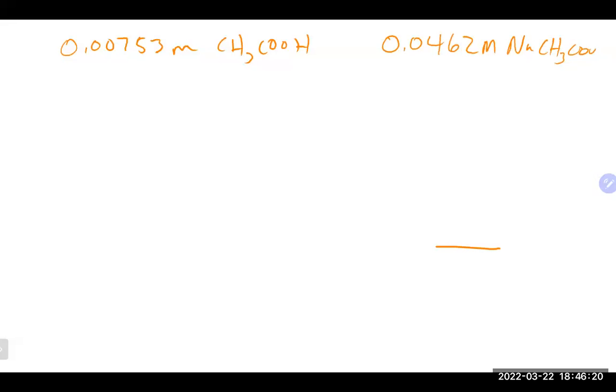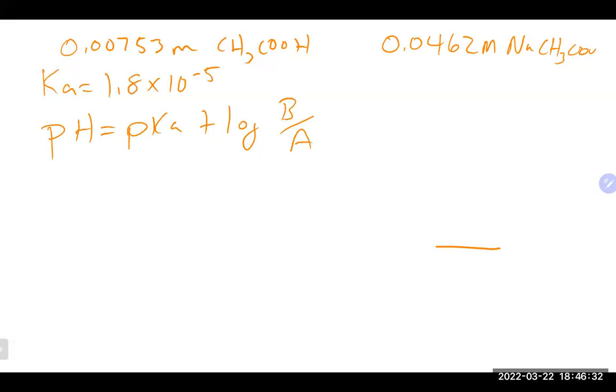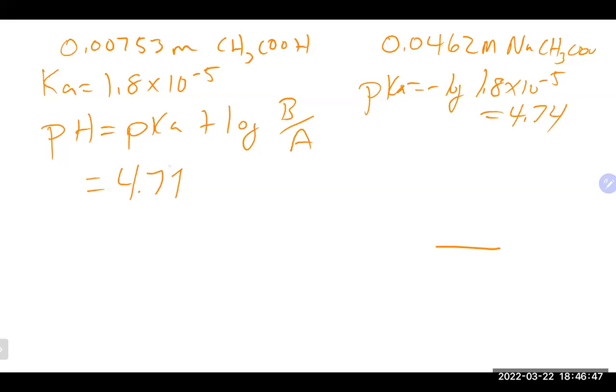All right, we were given the Ka value of 1.8 times 10 to the minus 5. So we can use Henderson-Hasselbalch, which is the pKa plus the log of the base over the acid. The pKa here, minus the log of 1.8 times 10 to the minus 5, should be 4.74.